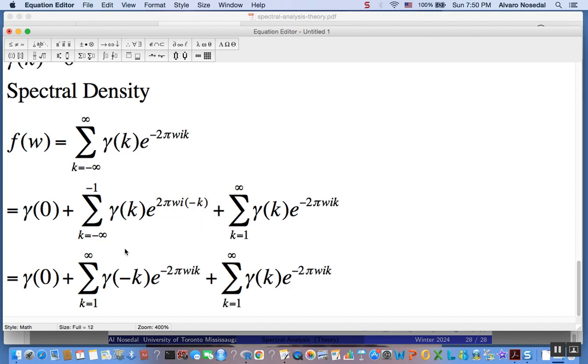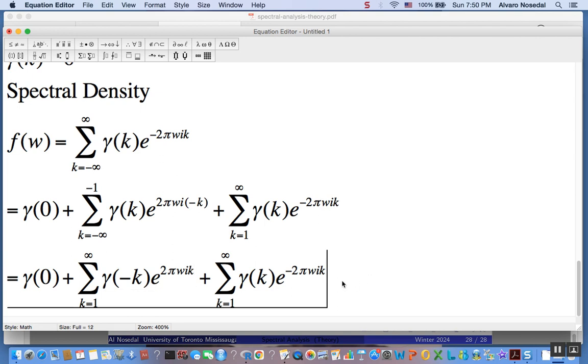But now, for instance, when k equals negative 1, then negative k equals positive 1. When k equals negative 2, well, minus k is positive 2, and so on. So what I could do is just have that instead.